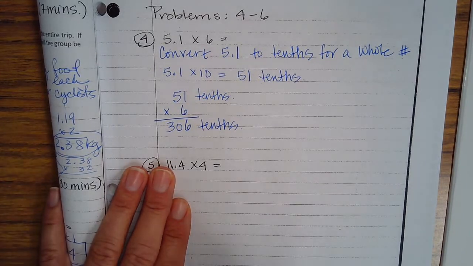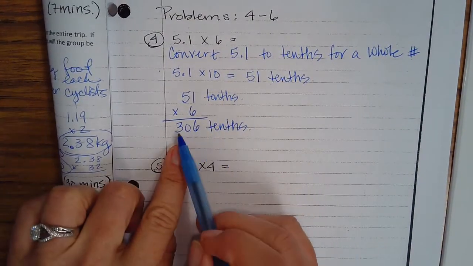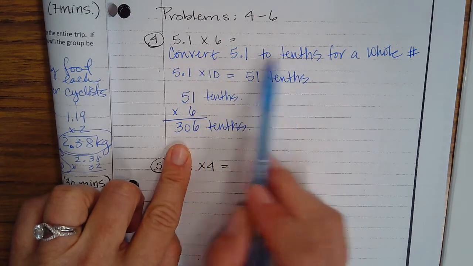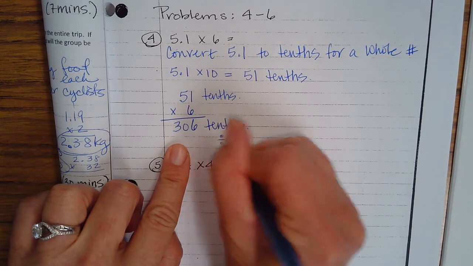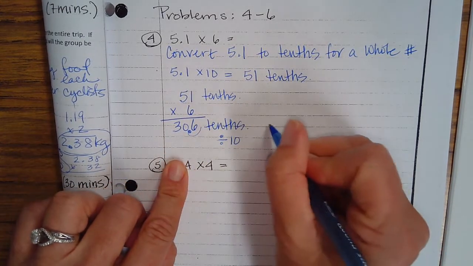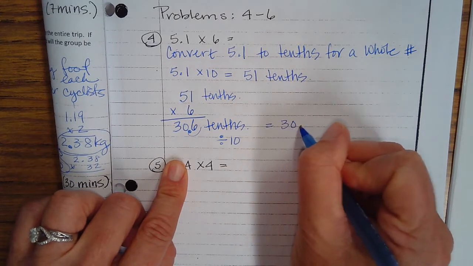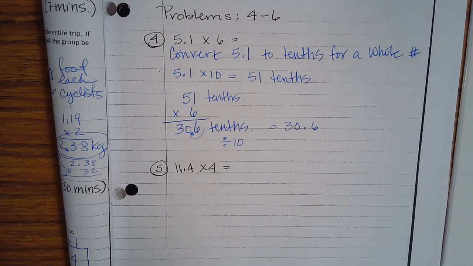So, in order to put that decimal back in, because remember, we converted it to get rid of it, now we have to divide by 10 to put it back. So our answer is 30.6. Yes? Okay.